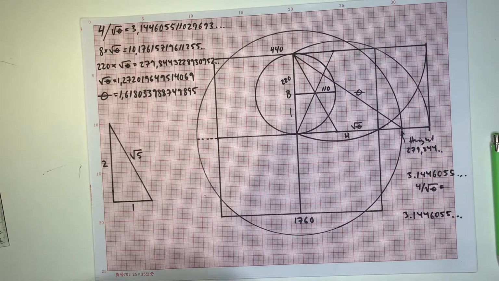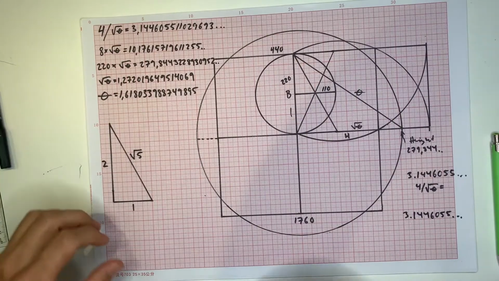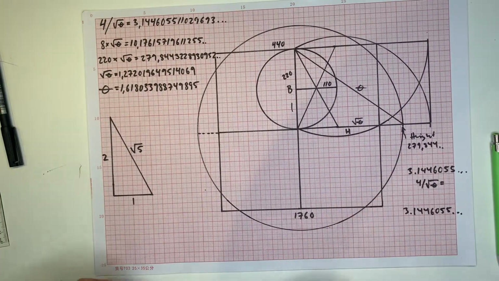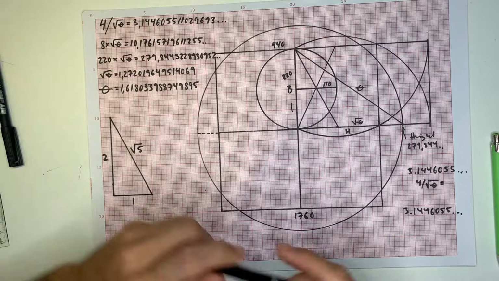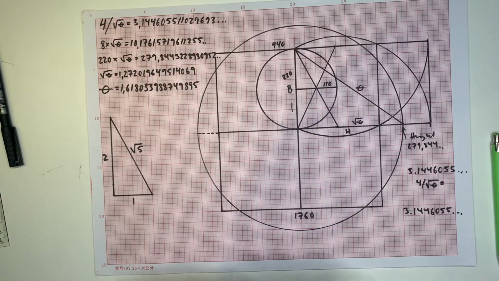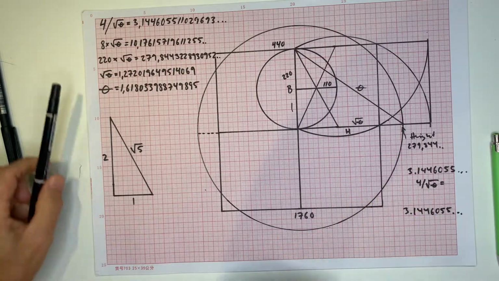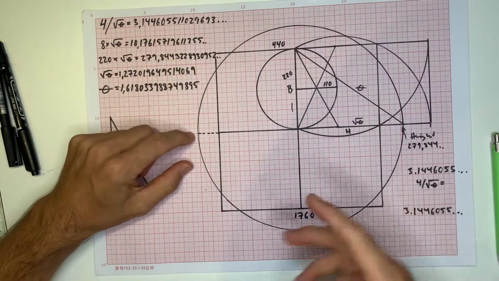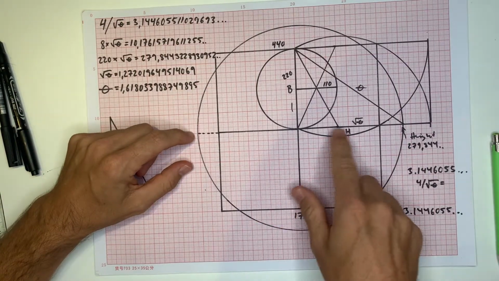Now, when they measured the Great Pyramid, they came to the approximation of 22 divided by 7.